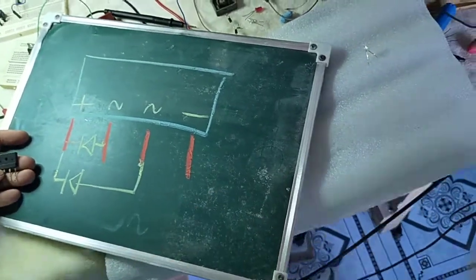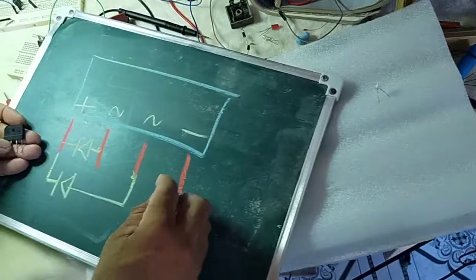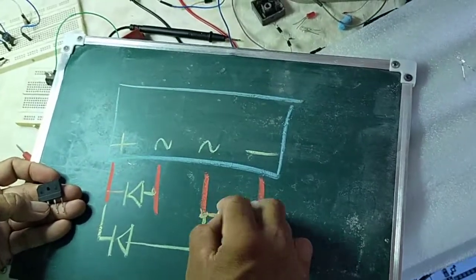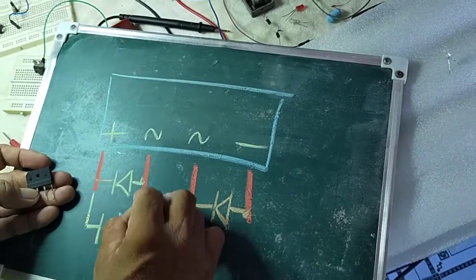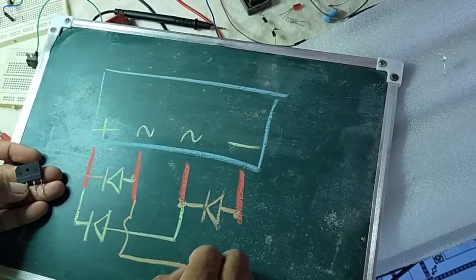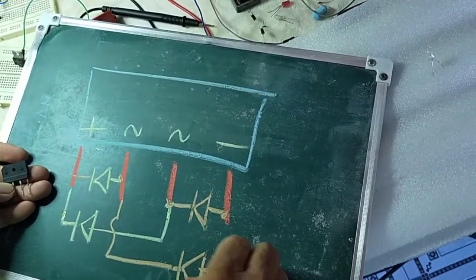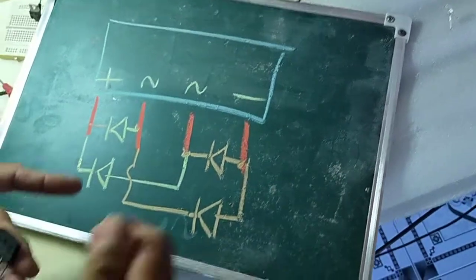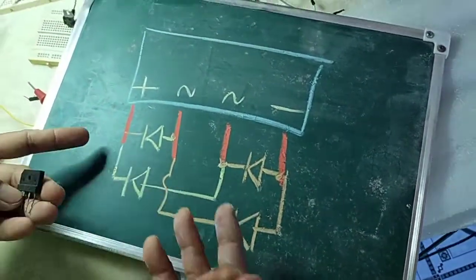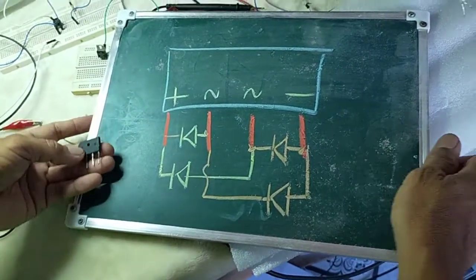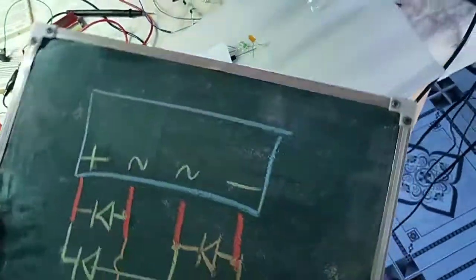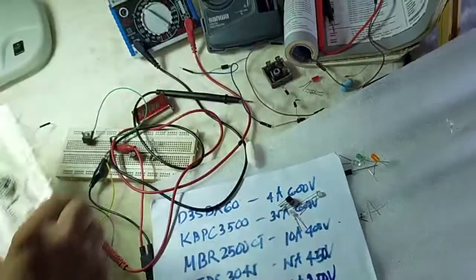Then, the anode, we have here also, okay, goes like this. 4 diodes are connected like this inside this housing. No? That is why, let us try to assemble this one here.